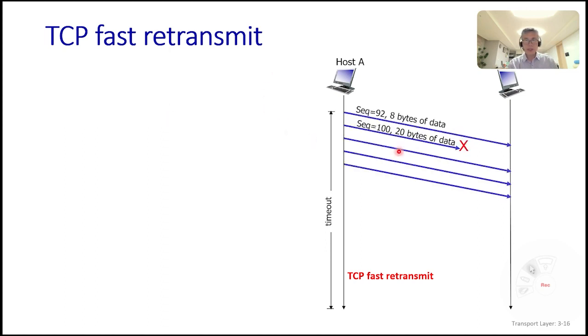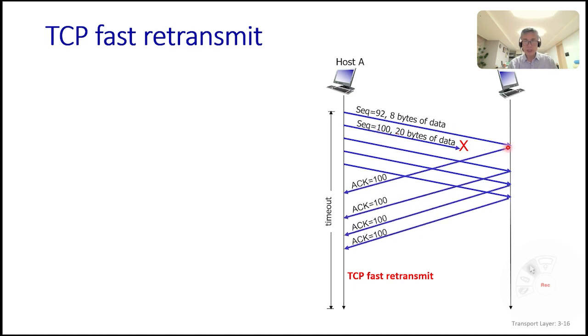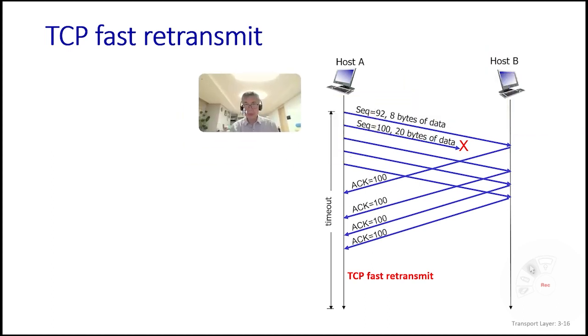So here, segments 1, 2, 3, 4, 5 are transmitted, and the second data segment is lost. This one generates acknowledgement 100. But the other cases also generate duplicate ACKs, because this one is lost, right? So this segment is requested by host B, right?